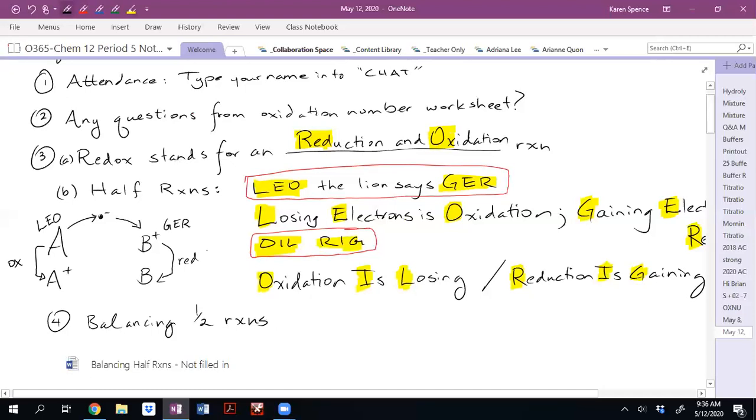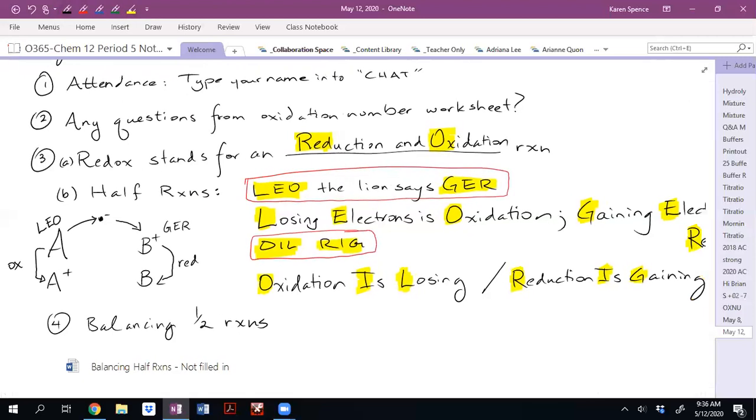And one thing I want you to notice here is the oxidation number of A. The oxidation number of A in this first one, what is the oxidation number of A there?